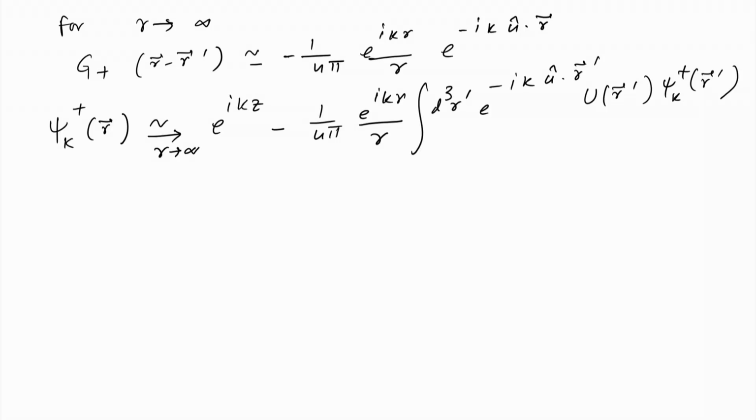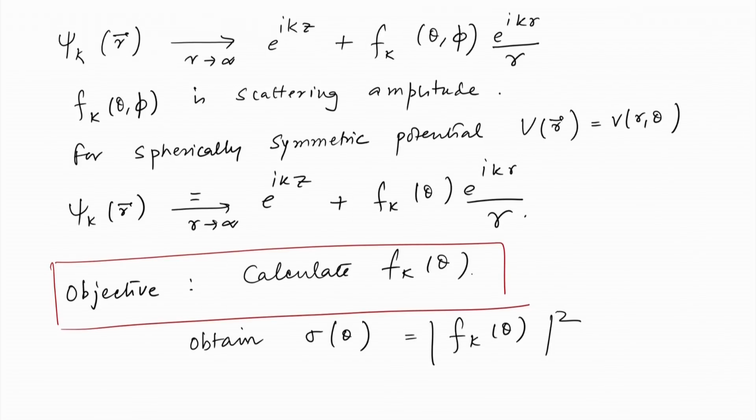If you compare this with this expression, where there is a forward moving free wave and then there is an exponential i k R by R, and then there is a f k theta.